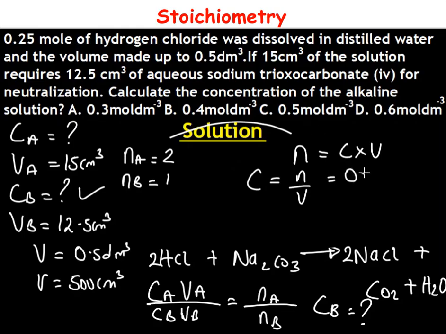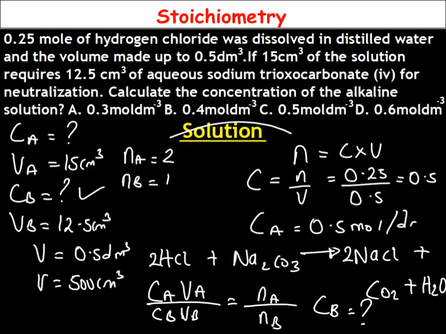So writing down 0.25 over the volume of the acid, which is the volume of the HCl when you pour it inside the water, which made up 0.5 dm cube. Is it not so? Good. So write down the volume is 0.5 dm cube. Now if you divide 0.25 over 0.5, you will get 0.5. So therefore the concentration of the acid is equal to 0.5 mole per dm cube.